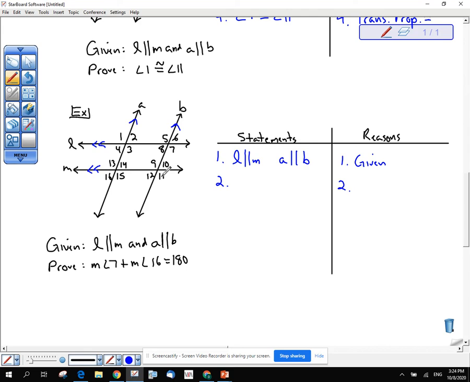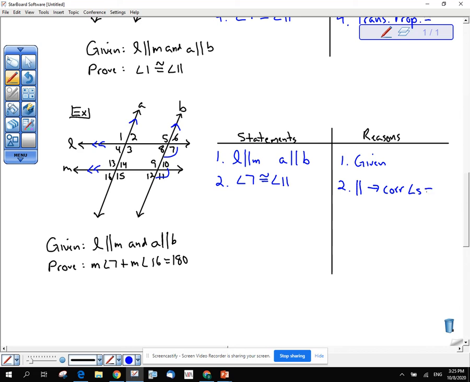Angle 7 and angle 11 are congruent. Not the measure of angle 7 and angle 11. Does it have to be 7 and 11? No, it does not. But this is what I'm going for. Okay? And that would be parallel lines implies corresponding angles are congruent.